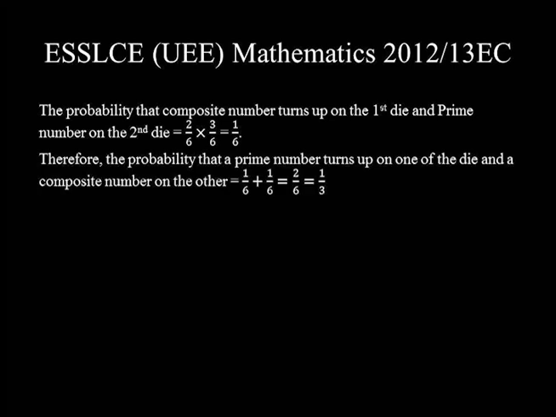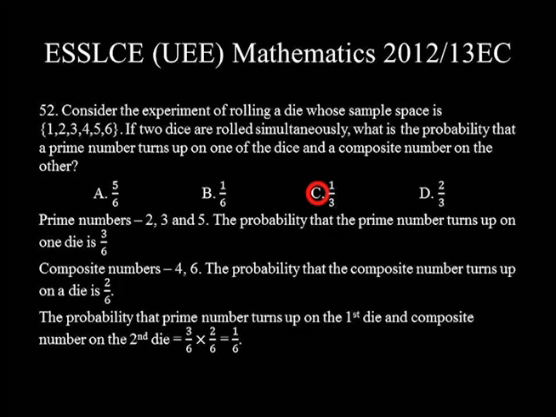Therefore, the probability that a prime number turns up on one of the dice and a composite number on the other is 1 over 6 plus 1 over 6, which is 2 over 6, equal to 1 over 3. Choice C is the correct answer.